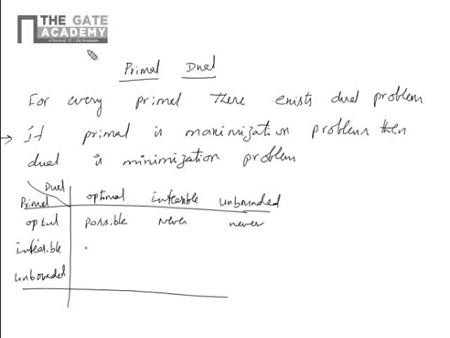If the primal is infeasible, then the dual is infeasible or unbounded. Anything is possible. If the primal is unbounded, then the dual is infeasible.